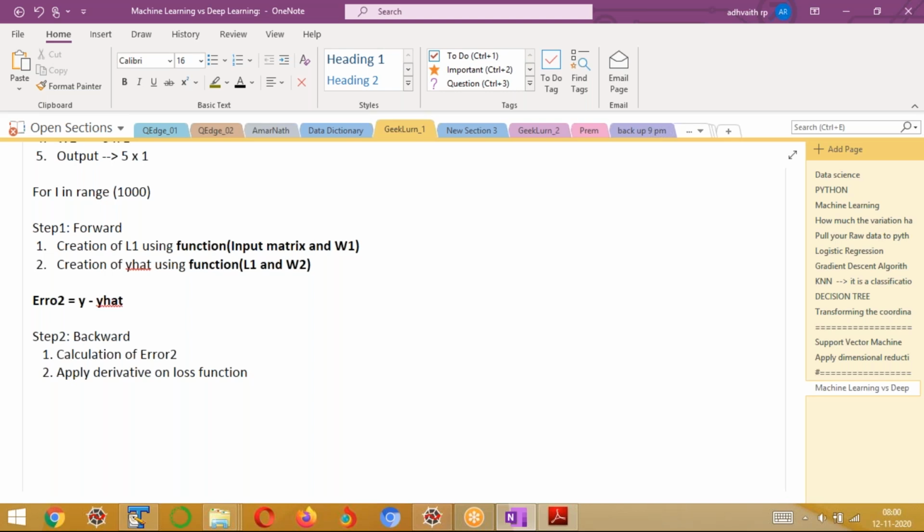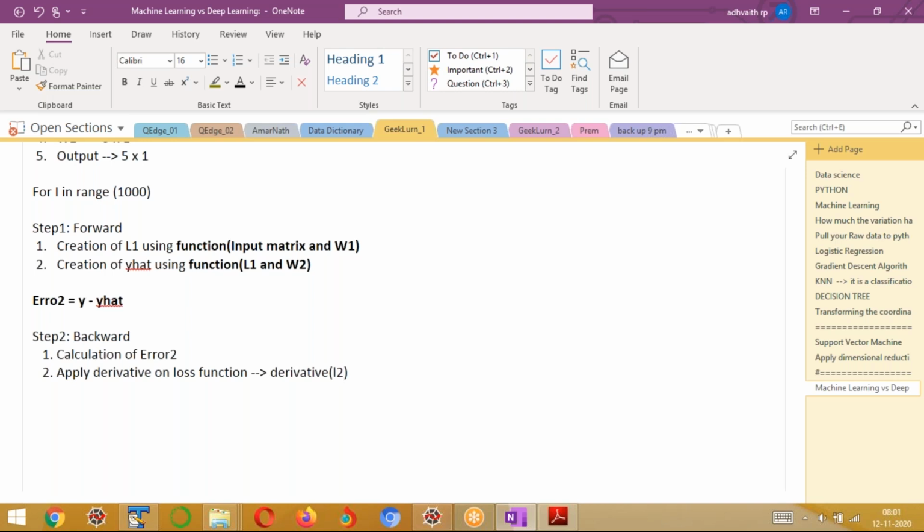Yes, apply derivative on loss functions. Okay, so I will call that derivative L2.